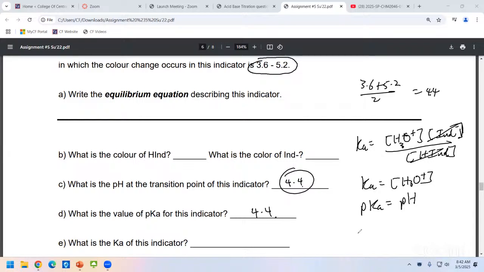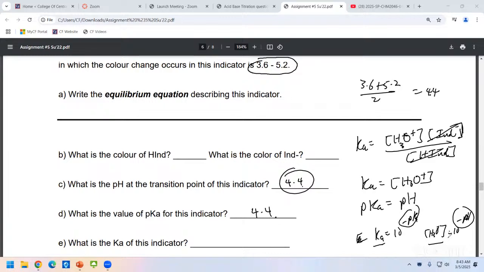Does this look familiar to you? Ka is equal to 10 to the minus pKa, or the concentration of H3O plus, since you asked that question, would be equal to 10 to the minus pH. Does that look familiar? If you're given the pKa value, this is how you get the Ka. If you're given the pH value, this is how you get the concentration of H3O plus.